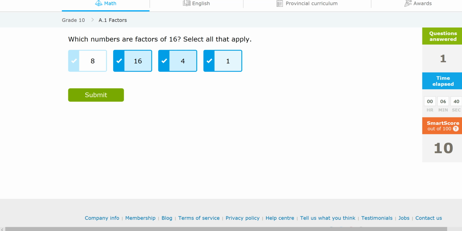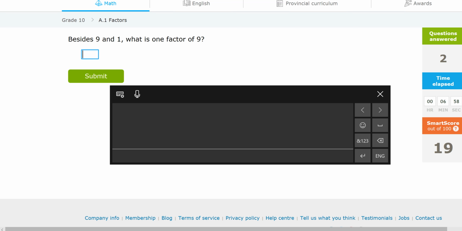Okay, 8. 8 is also a factor of 16, isn't it? Yes. 8 times 2 is 16. So that is also a factor of that.